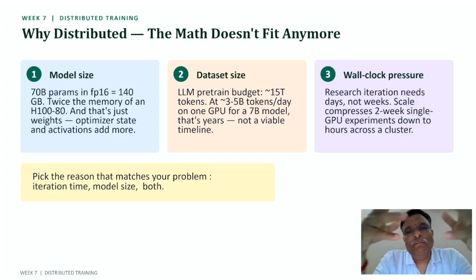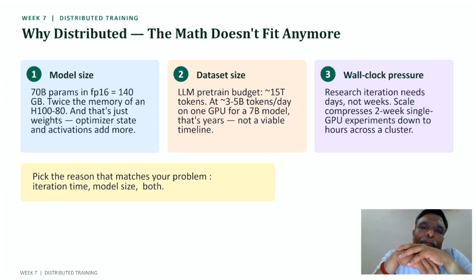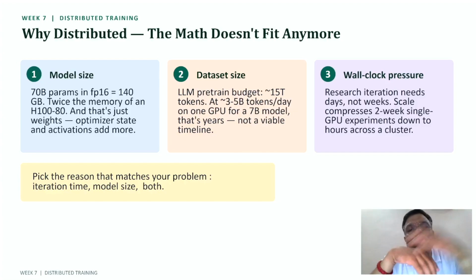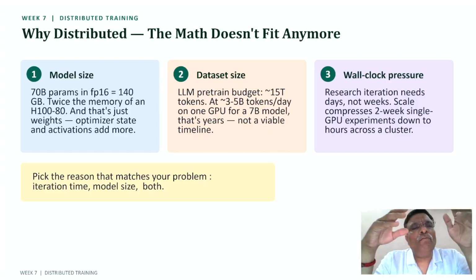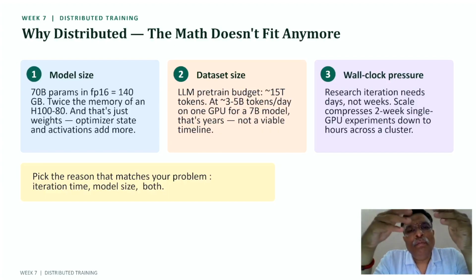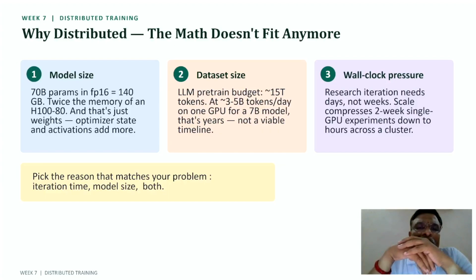It's not a viable timeline. We are talking of 3 to 5 billion tokens per day, which is not less, but just with one GPU for a 7B model, and that means I'm just talking of 7 billion parameter models, not 70 billion as we discussed for the model size.